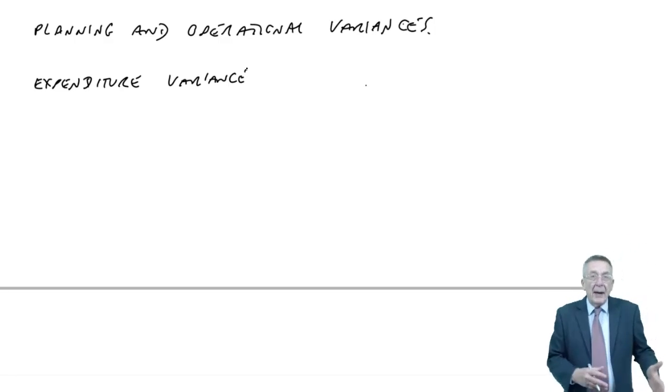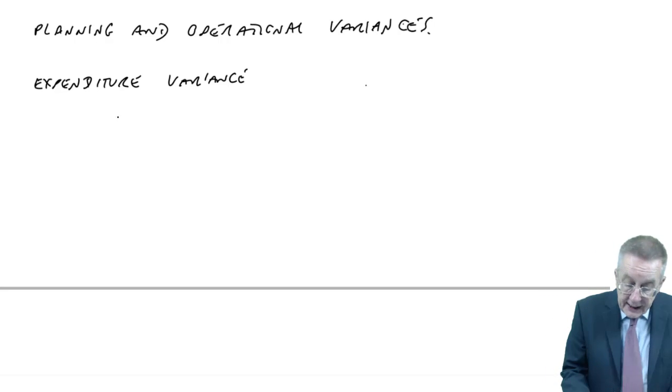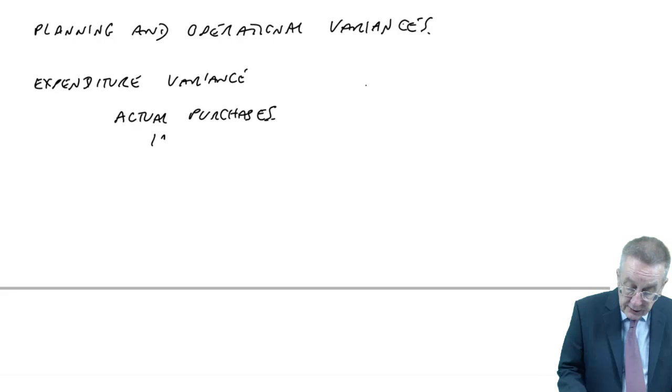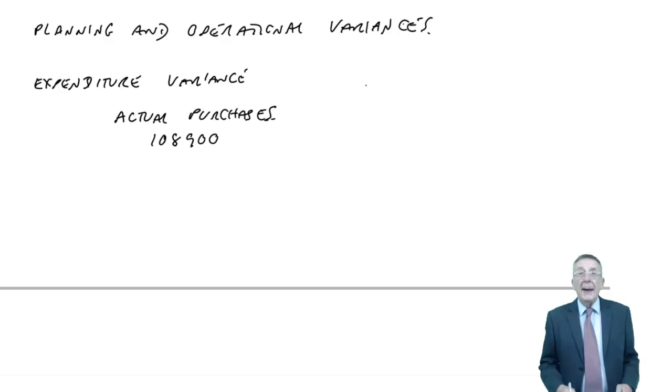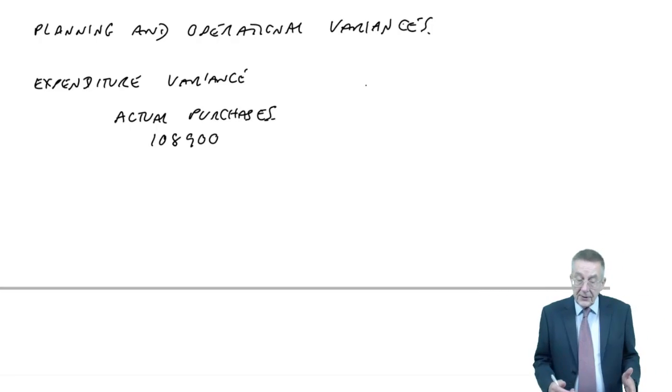What do we do? Now this is back to paper F2. The expenditure variance, we take the actual purchases, which were how many? We actually bought 108,900. And we compare the actual cost with the standard cost.